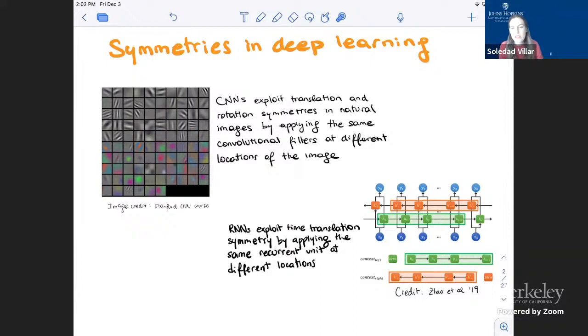And also there's a heuristic explanation of why recurrent neural networks exploit some sort of time translation that is apparent in text. But I'm not going to discuss the maybe not exact symmetries, I'm going to focus more on exact symmetries.